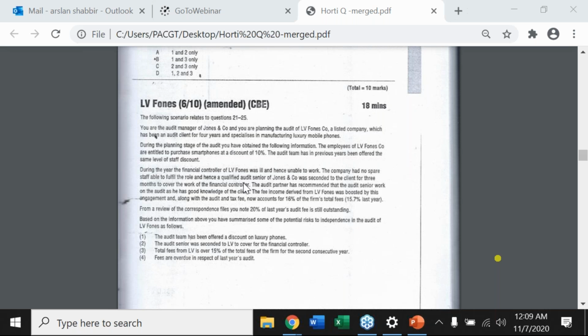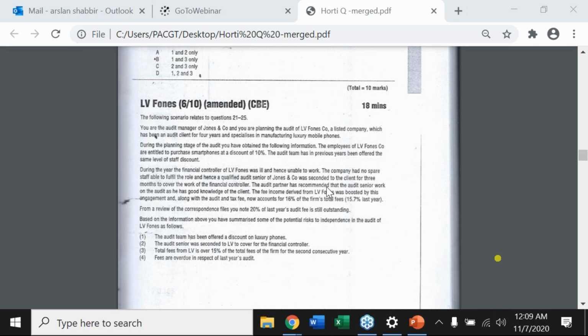So if anything is raised by the external audit department of the audit firm, it will be a problem for the audit firm, because this problem can be due to the audit senior of Jones and Co. who is working in the absence of the financial controller.